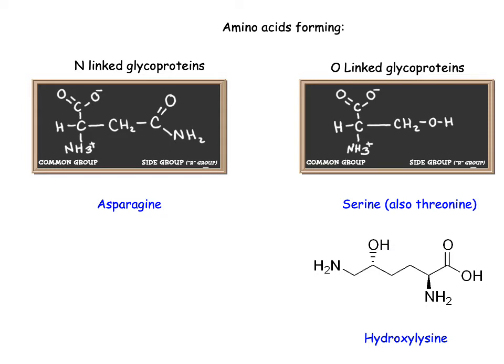And then it can be glycosylated. Not every hydroxylysine, of course, is glycosylated, but it does present another site for potential glycosylation. Also see glycosylation at threonine, which is very similar to serine, just has an extra methyl group. So it also has a hydroxyl group on the R chain.